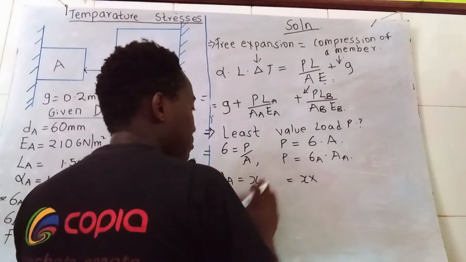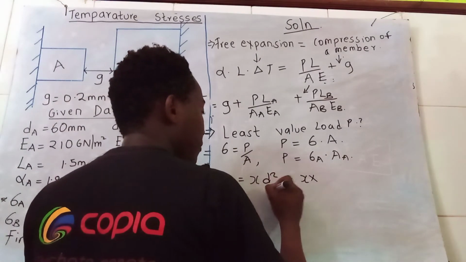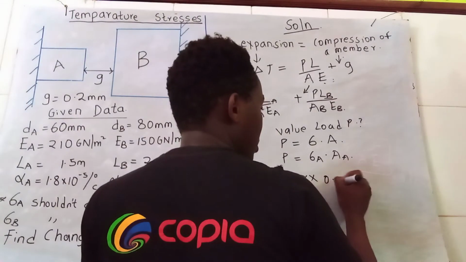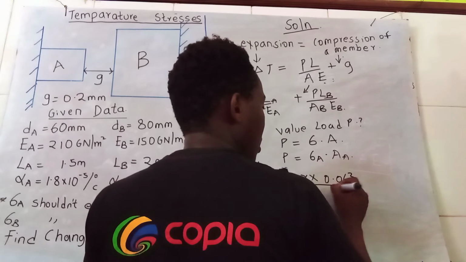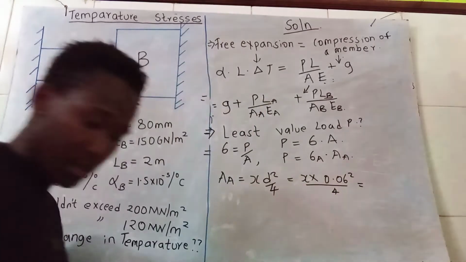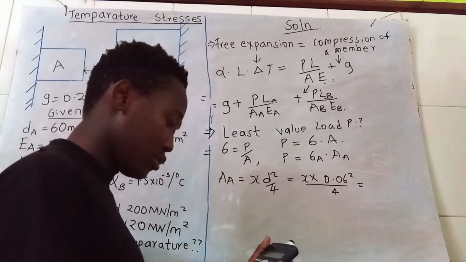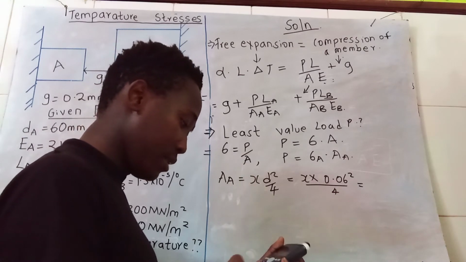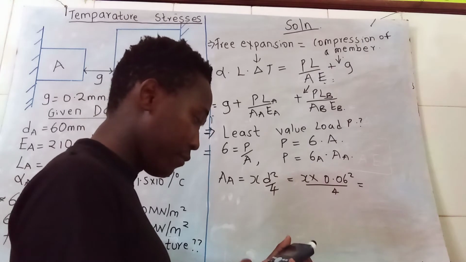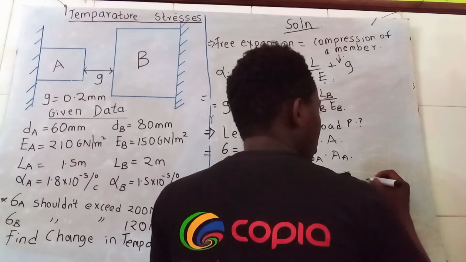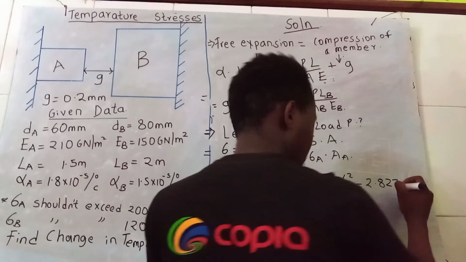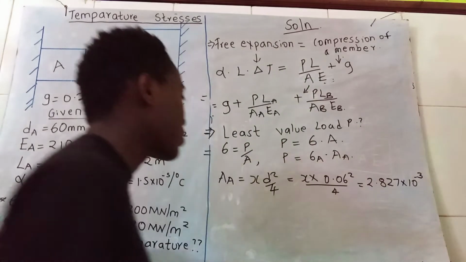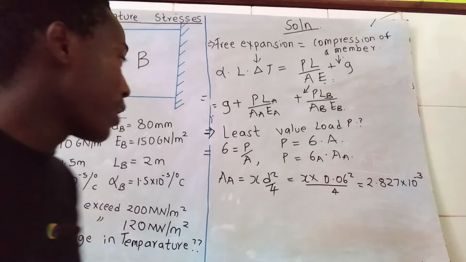This is the same as pi d squared over 4, so pi times 0.06 meters squared all over 4, and that will give me 2.827 times 10 to the power negative 3 meters squared. That is the area of A.